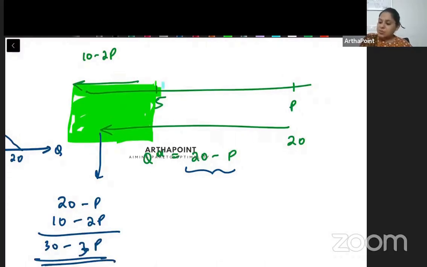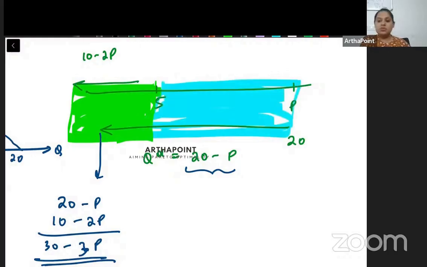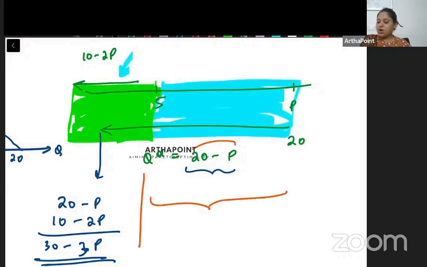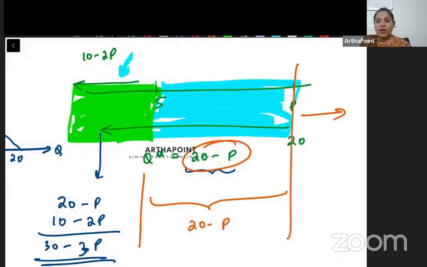When price is between 5 to 20, तो एक consumer तो eliminate हो गया. This consumer will not buy. Only this consumer will buy. So how much will be the demand? Demand will only be according to the first consumer. So 20 minus P. And if price is greater than 20, nobody will buy. So demand will be 0.